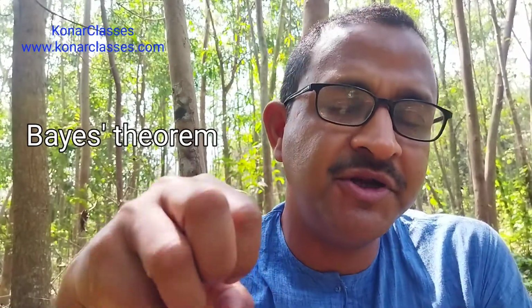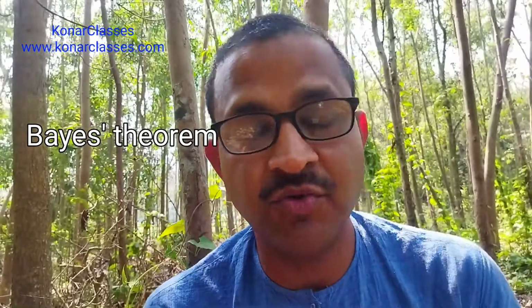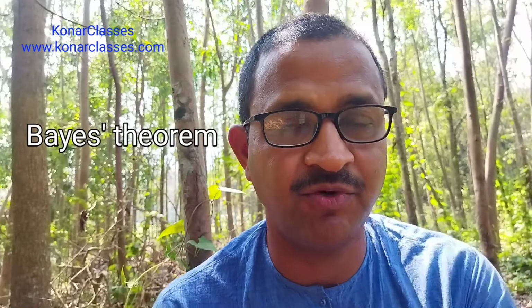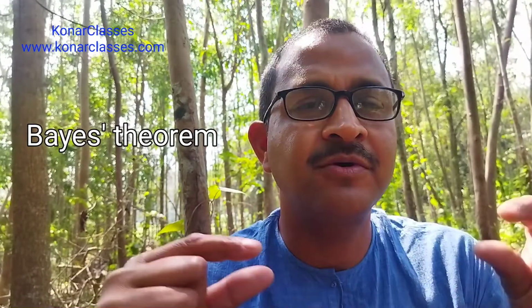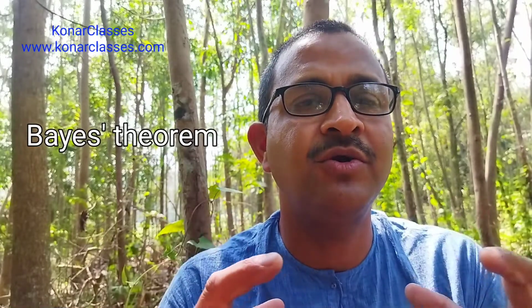Now if you put your hand in any of the bags and take a ball, this ball could be either white or black, correct? Obviously. Now Bayes theorem is going to help us answer this type of question. Suppose you put your hand into one of the bags and you do not know which bag. Suppose your eyes are completely tied up so that you are not able to look at which bag you are actually touching.